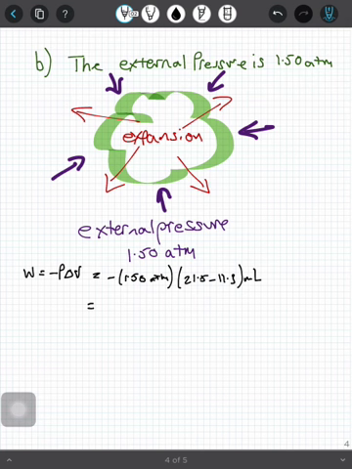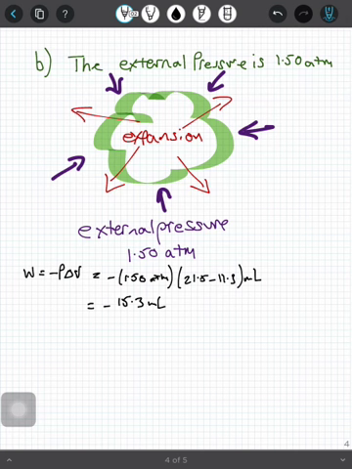Now, after working that out, we get minus 1.53, well, times 10 to the 1, so that would be 15.3. Let's just correct that. 15.3 mL atm.